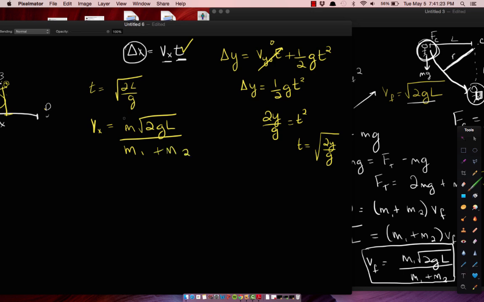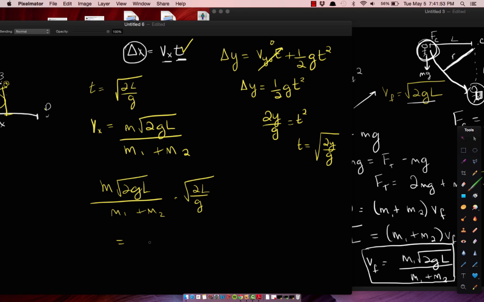Okay, so now we have vx, we have t, we can find delta x, so let's multiply these two together. So the square root of m2 g L all over m1 plus m2 times the square root of 2L over g. Now remember that when you multiply two square roots together, it's the same thing as putting it under one square root. So we're going to put everything under one square root.